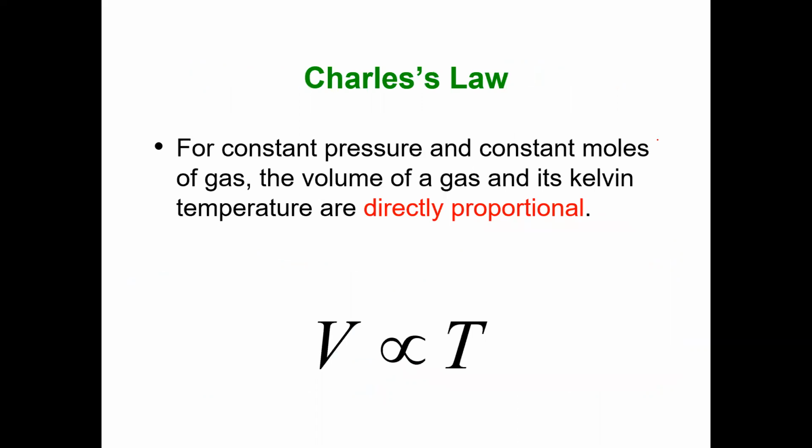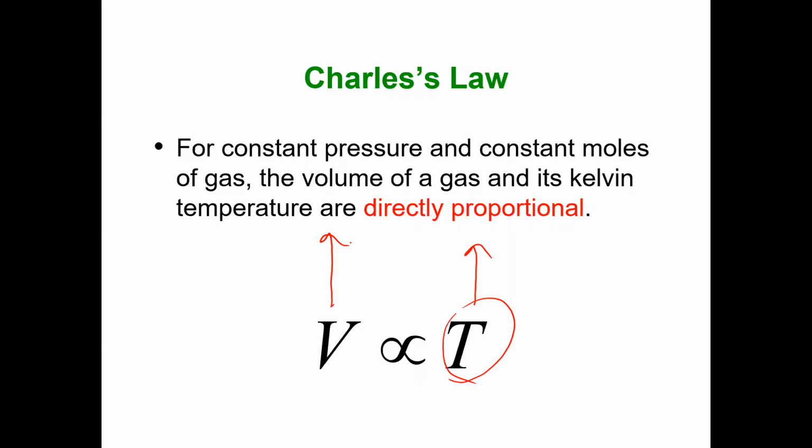So what Charles found is that volume is directly proportional to temperature. If I increase temperature and I want pressure to stay the same, because the particles are traveling faster, I'm going to have a larger volume so that the collisions remain the same.